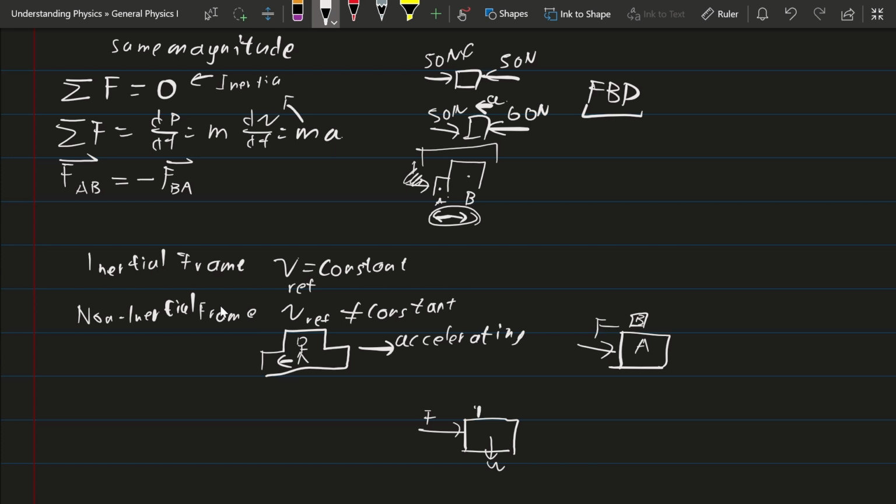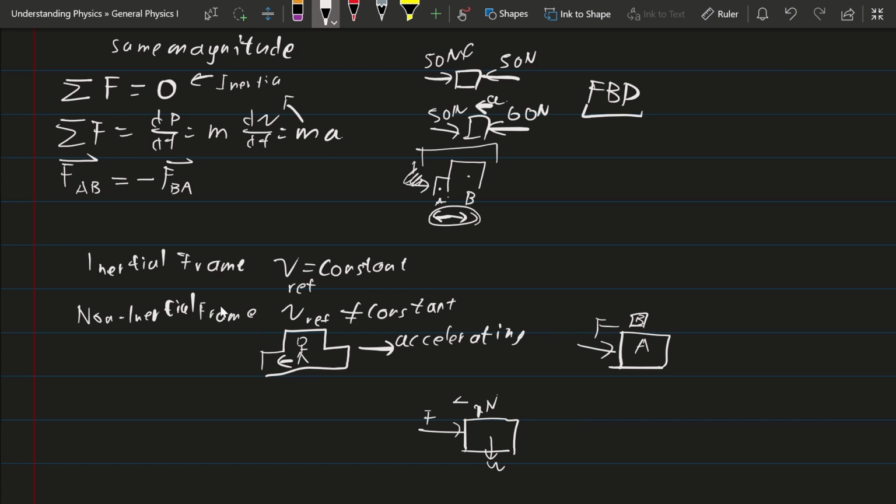There's also a normal force going upwards, and don't forget there is something that you call friction, which is going in a certain direction. Let's just say it is in that direction.